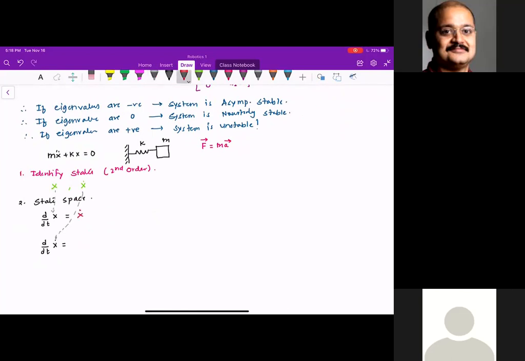Do you agree with me? And d by dt of x dot is x double dot, which is nothing but minus k by m x. I'll give you a minute to think about it. Note x double dot is equal to minus kx divided by m. Everyone understood this? So I got these two equations.